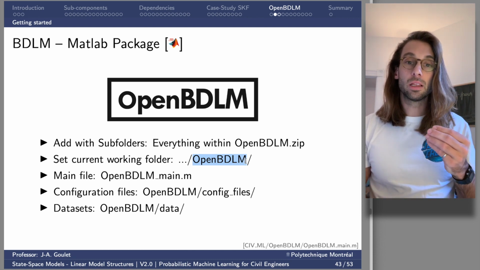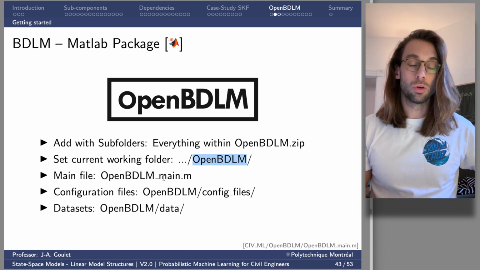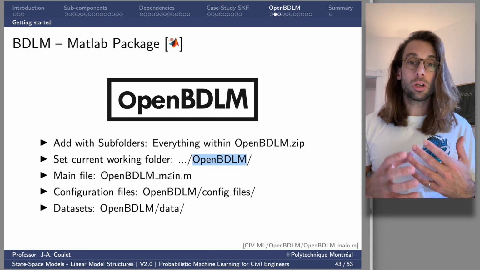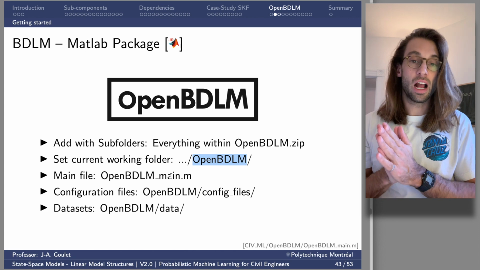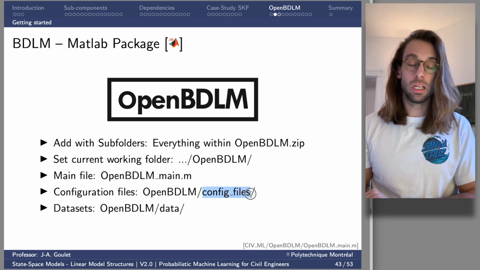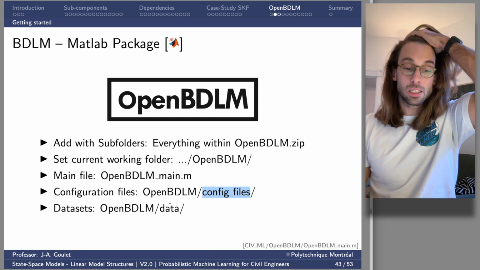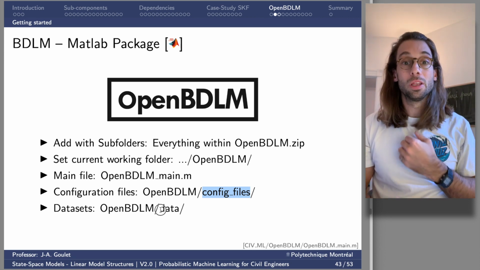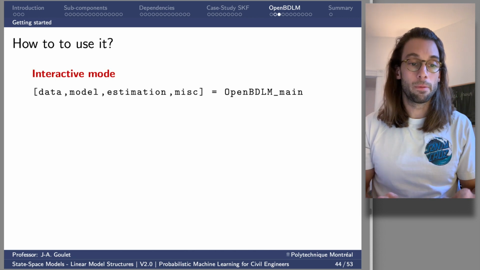The main file that controls the flow of the program is openbdlm_main. When you work with config files, as we're going to see next, they should be put in the subdirectory config files. When you want to use data sets, OpenBDLM expects all your data sets to be in the subfolder data. So you have to make sure that you respect that nomenclature.